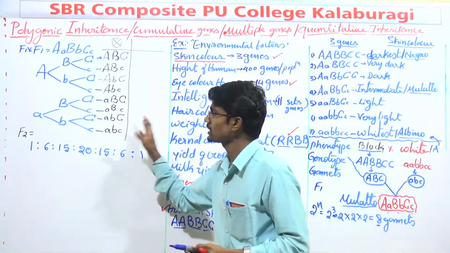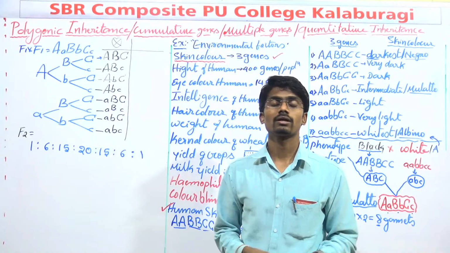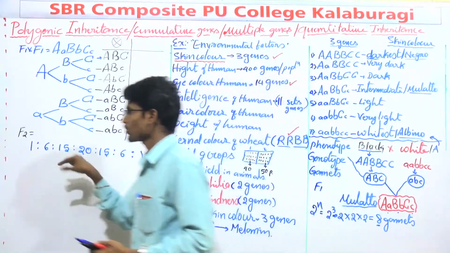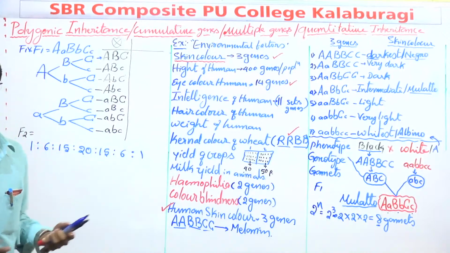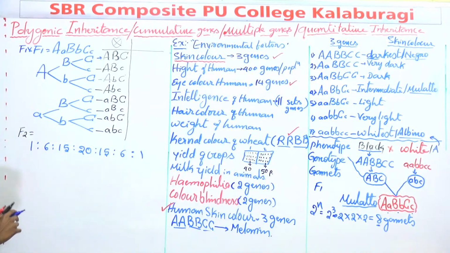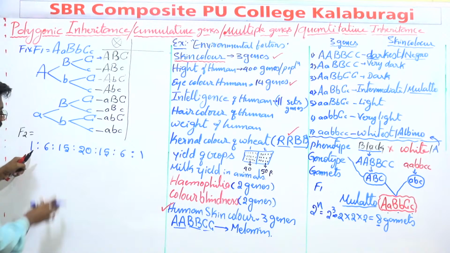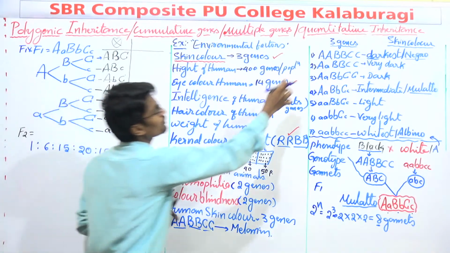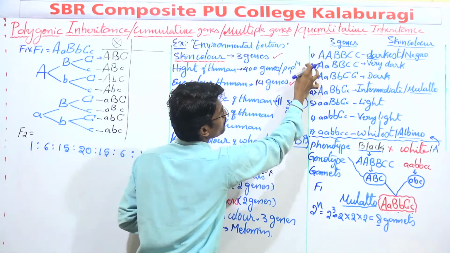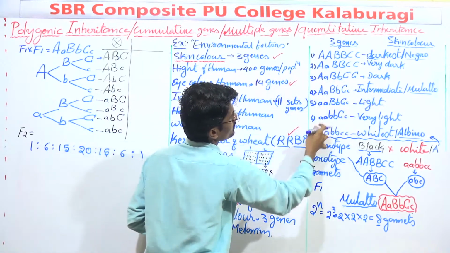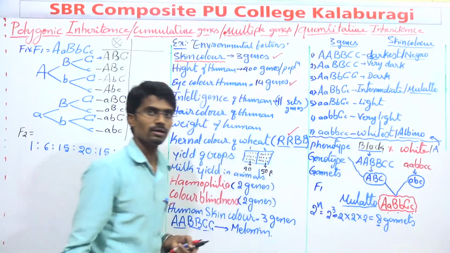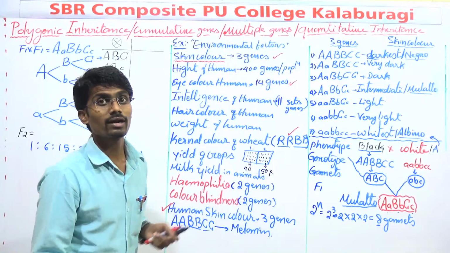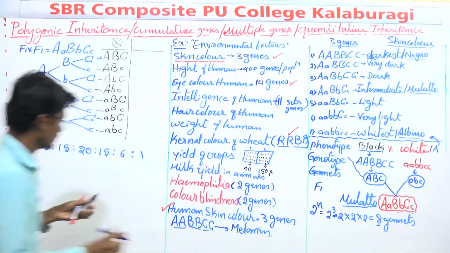Just by crossing these 8 gametes, we come to know what the possibilities are. Let's see which is the dark and which is the light. I don't write all the characters in full; based on this code, 1, 2, 3, 4: 1 means darkest, 4 means mulatto, 6 means light, 7 means albino. I just write the number, and we can compare the different colors of human beings.